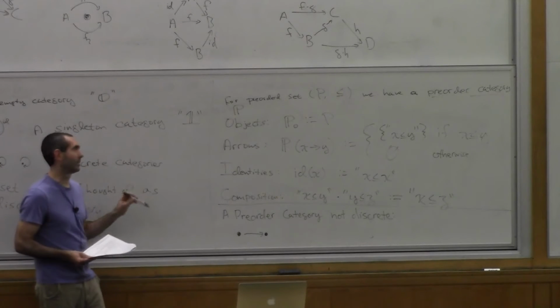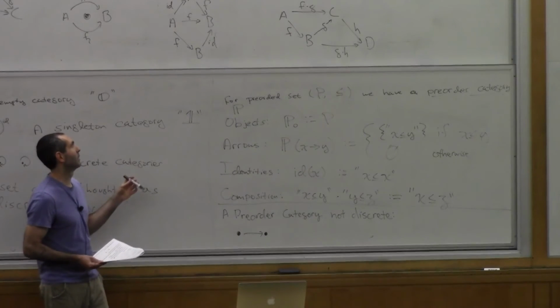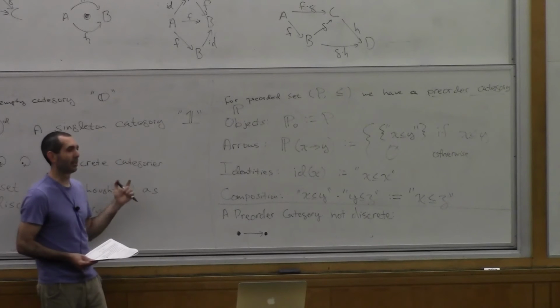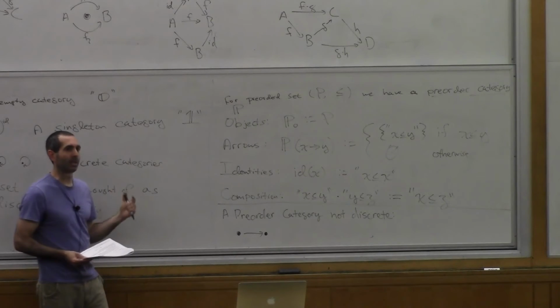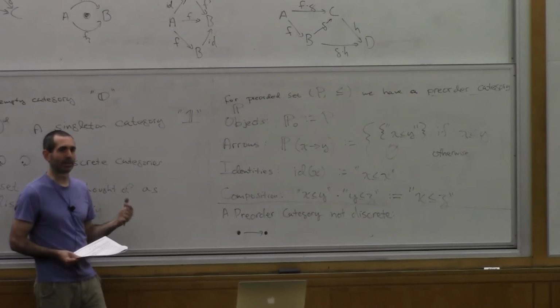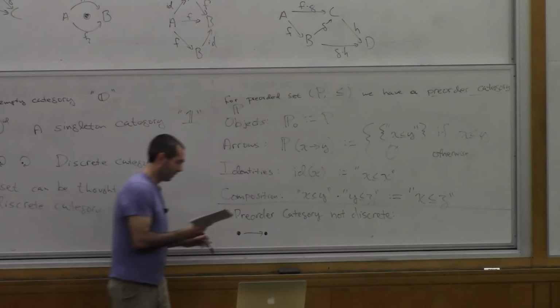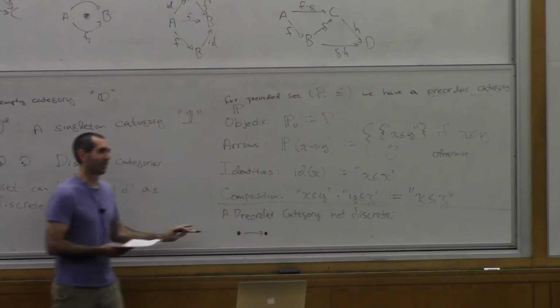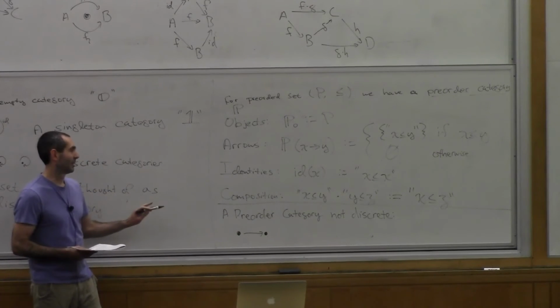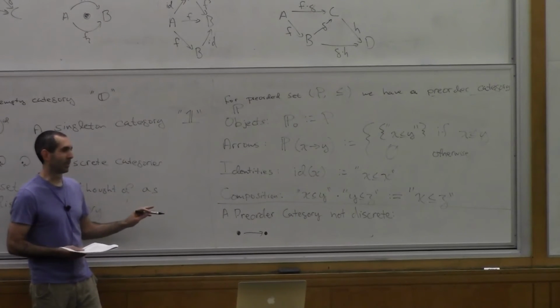And I should have said this before, but generally we don't need to draw in the identities or the composite arrows in diagrams because we can always infer their existence from the laws of the category. Okay, so this thing is the simplest possible category which is not discrete, but is a preorder.